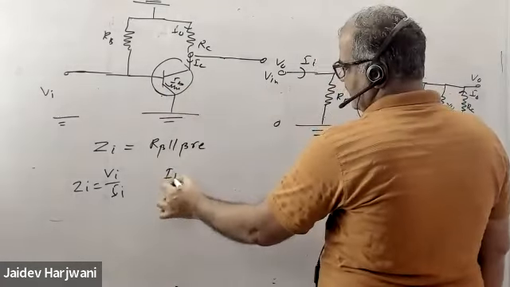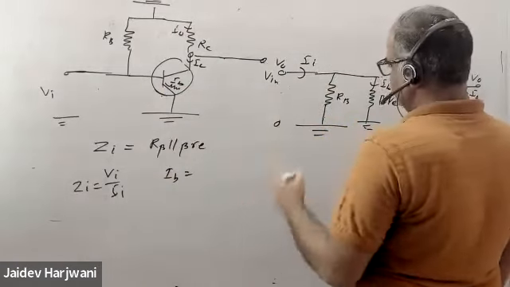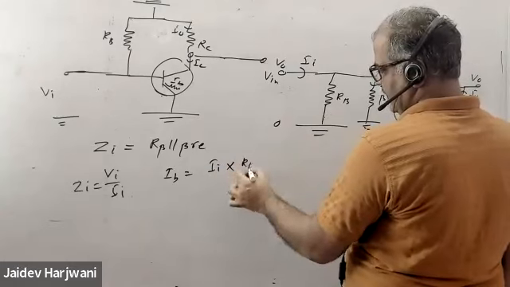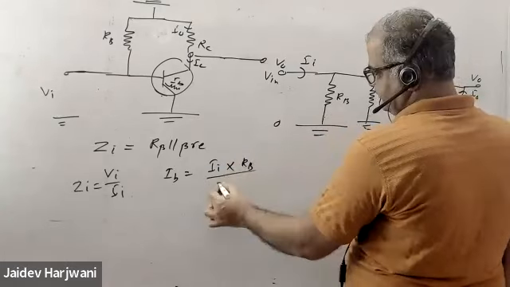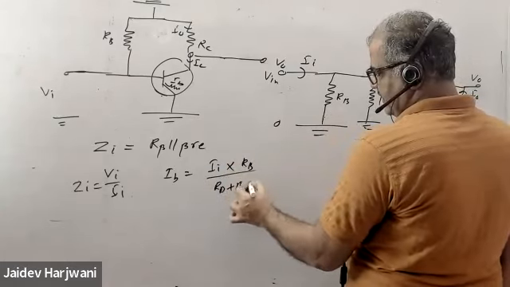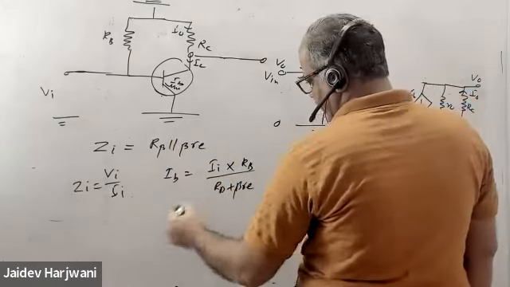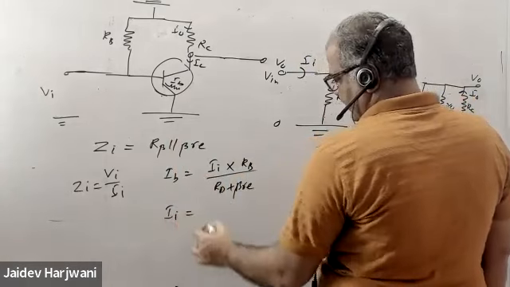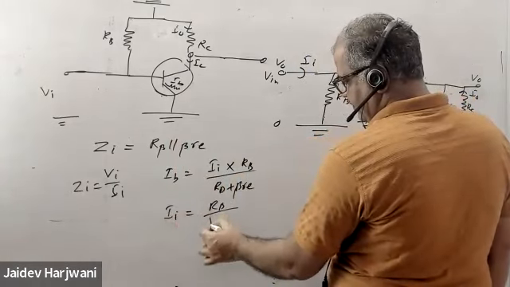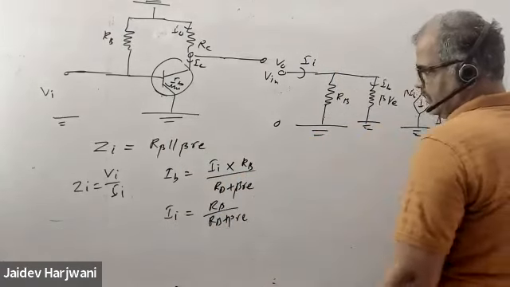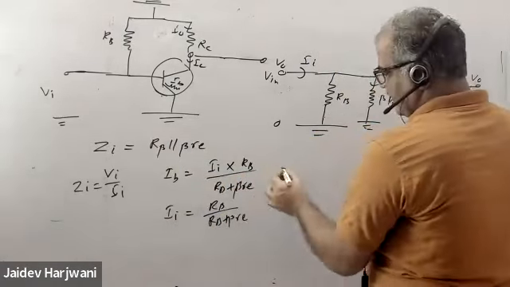Suppose I want IB. If total current is I, then IB will be equal to total current into RB, over total resistance RB plus beta RE. From doing back calculation, I can find IE. IE is nothing but RB upon RB plus beta RE. And once I know this IE value, I can find ZI.